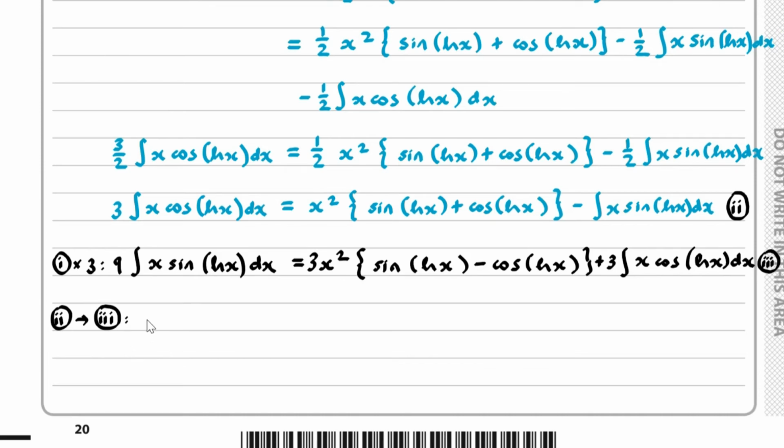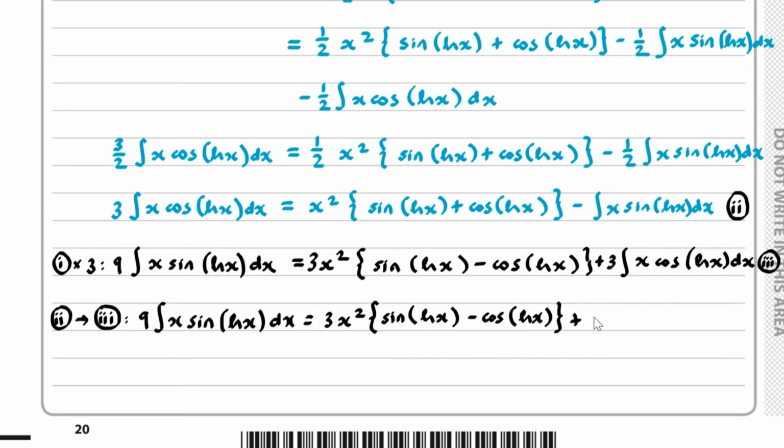And if I do that, we've got 9 times the integral of x times the sine of the natural log of x with respect to x equaling 3x squared times the sine of natural log of x minus the cosine of the natural log of x, plus 3 times, rather, I've already worked out the result.